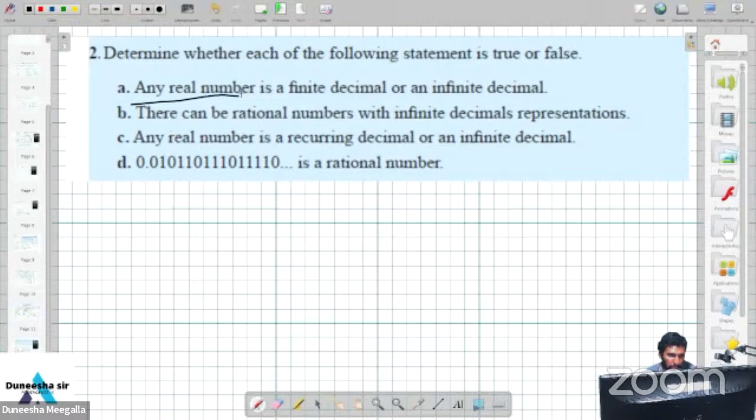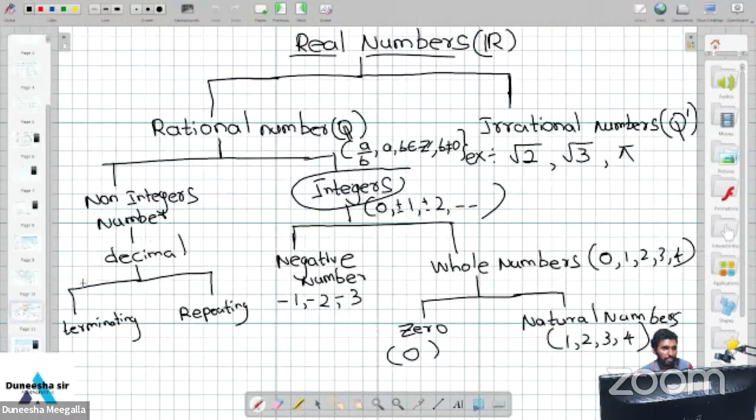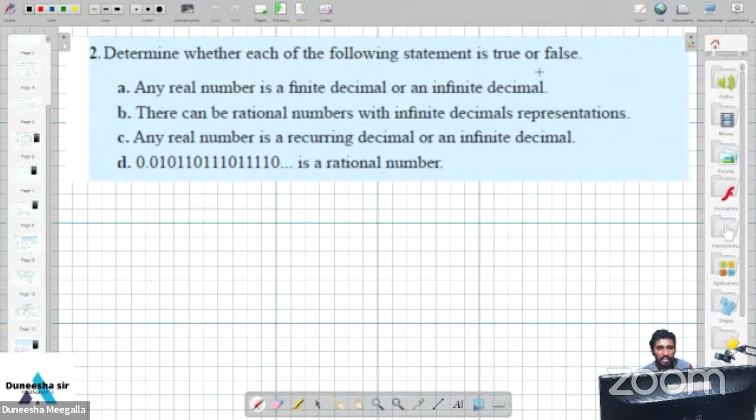Any real number is a finite decimal or infinite decimal. Is it true or not? What did we say real numbers fall into? Two parts, rational or irrational. Rational and irrational. So is it true? False. The first one is false.